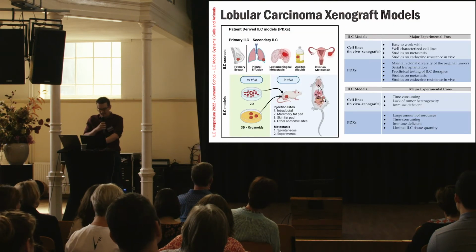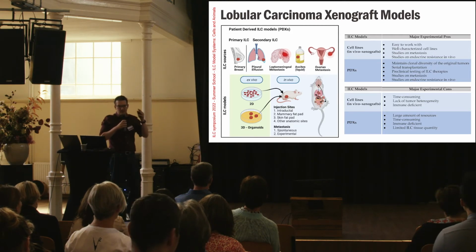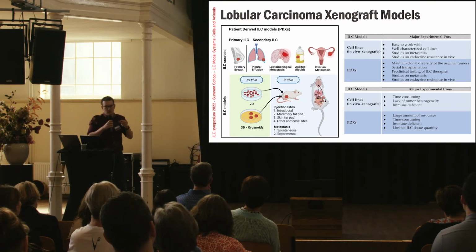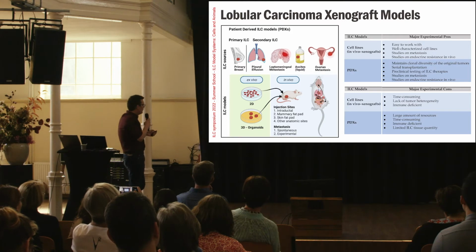And the next part, again in vivo, is to develop xenografts or PDX out of cell lines or freshly dissociated tumor pieces and put them in the mice.